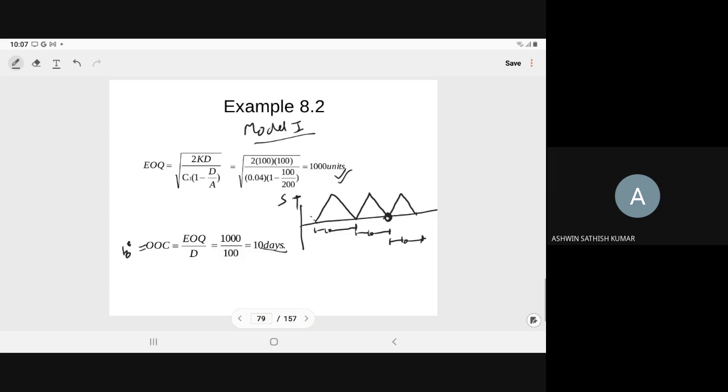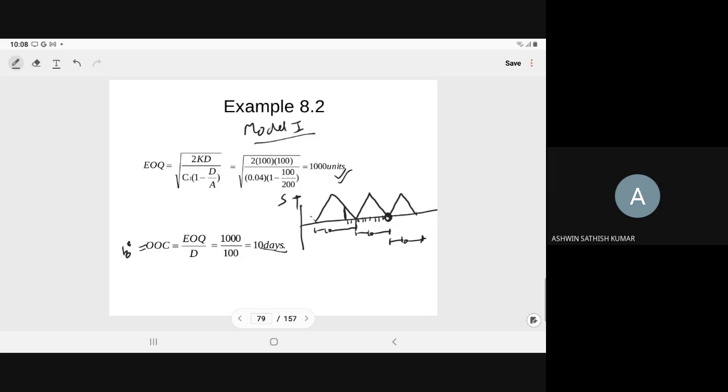If at this point you have to restart your production, or this is your reorder point, but lead time is 12 days, so when we have to reorder, we count 1, 2, 3, 4, 5, 6, 7, 8, 9, and 10, then 11 and 12. It means you have to reorder at this point, because the lead time is 12 days.